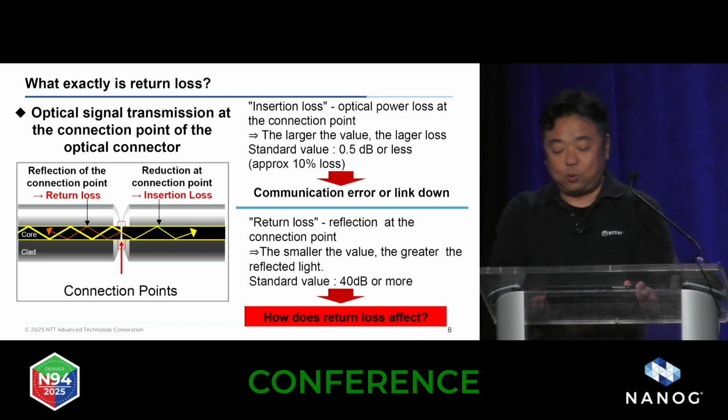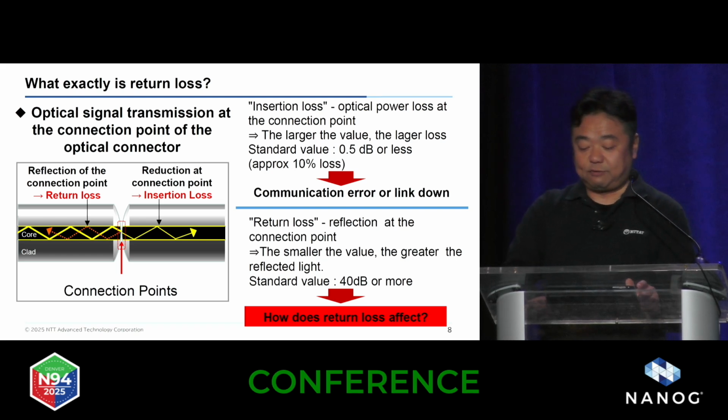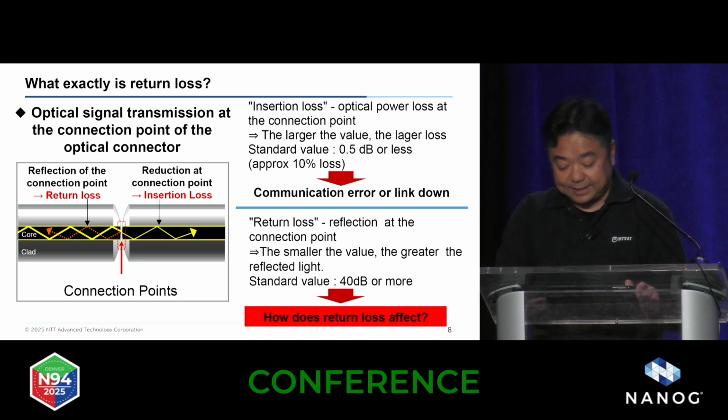Let me explain what return loss is. Two main optical properties are specified at the connection point of optical fibers: insertion loss and return loss. As you may know, insertion loss is the amount of optical power lost from the sending side to the receiving side.